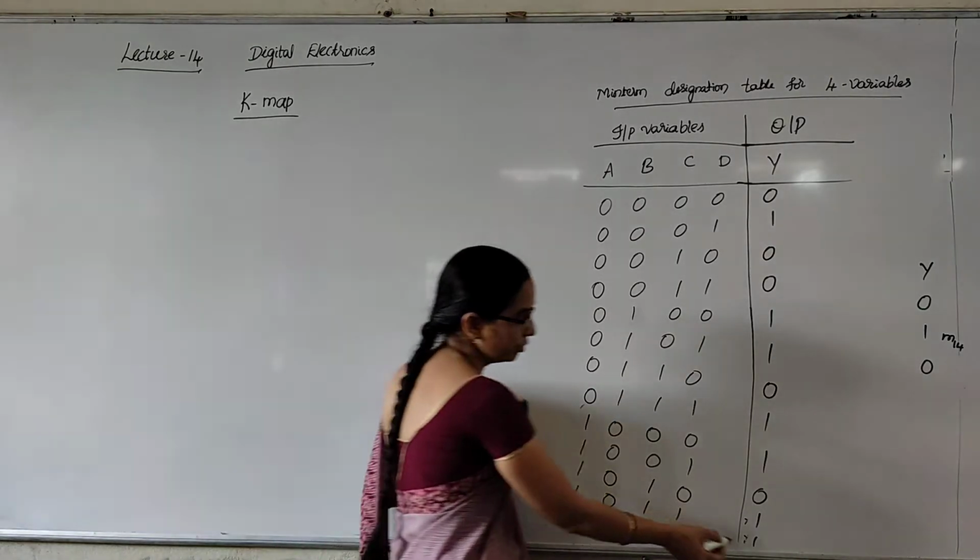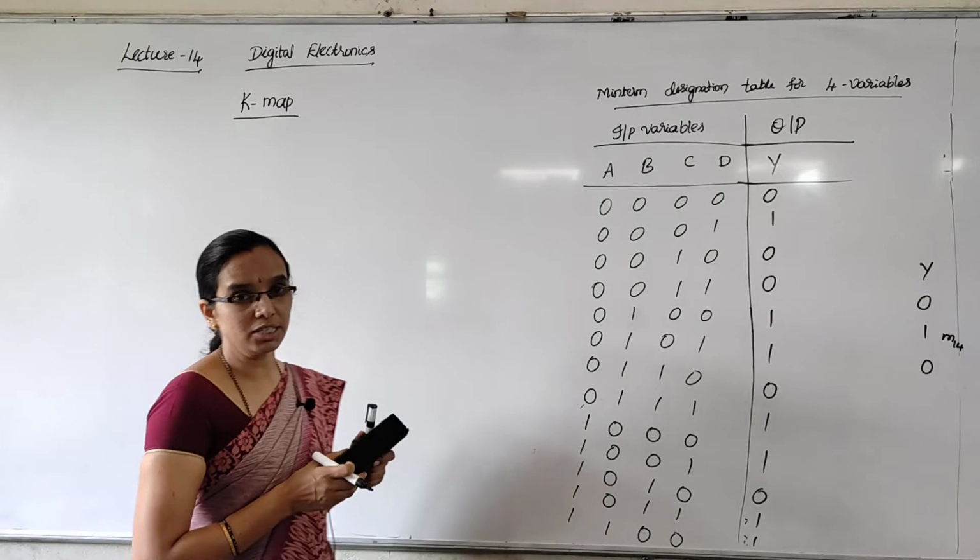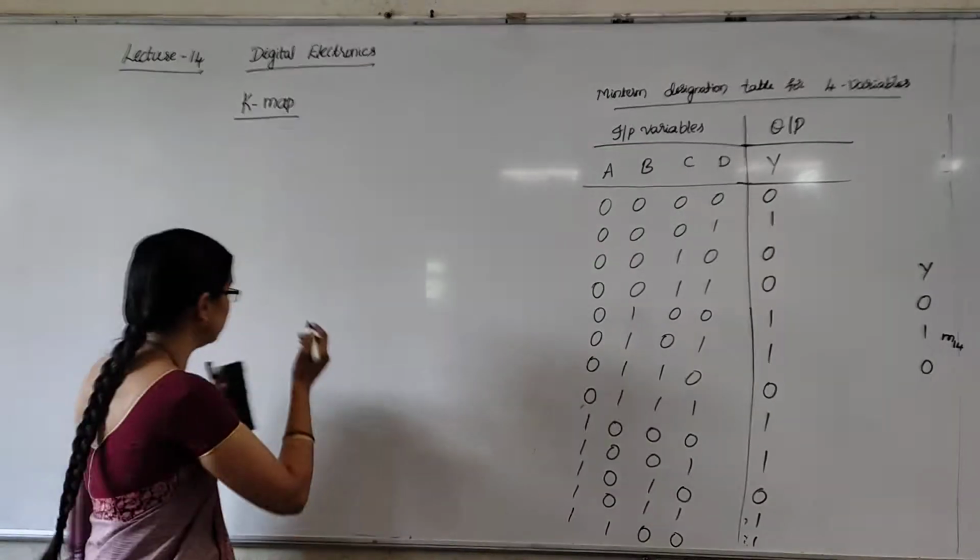Up to M12 I know here. Okay, so once you know the min-term designation, it is easy to represent using K-map.